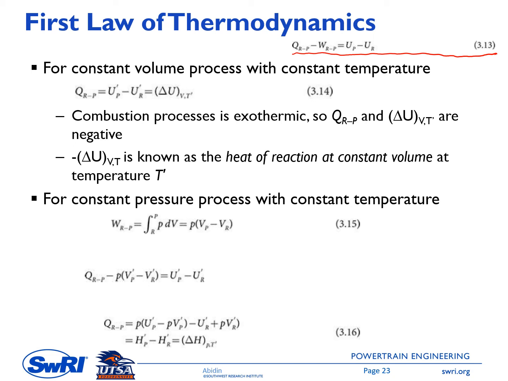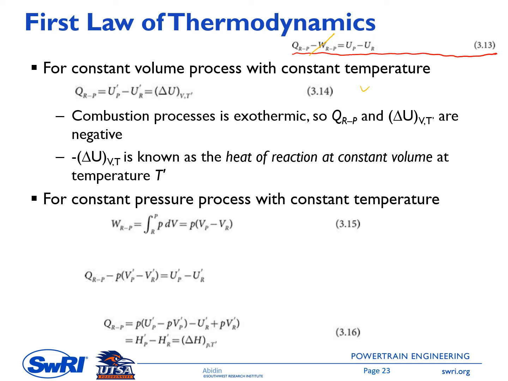And then we put the equation again on this side. For a constant volume process with a constant temperature, we don't have dV, so in this case this will drop W. Then we have equation 3.14: QRP is balanced by delta U. We know that combustion is an exothermic process, so QRP and delta UVT are negative.